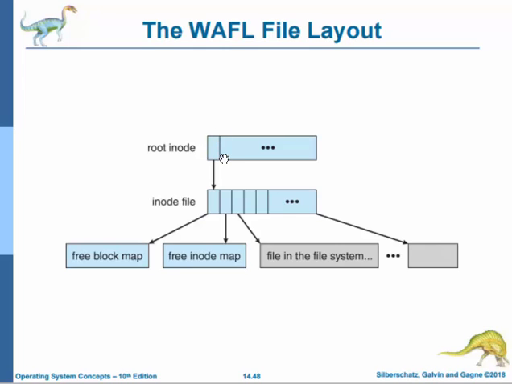Each file system has a root inode, and all of the metadata lives in files. All inodes are in one file, the free block map in another, and the free inode map in the third. Because these are standard files, the data blocks are not limited in location and can be placed anywhere.